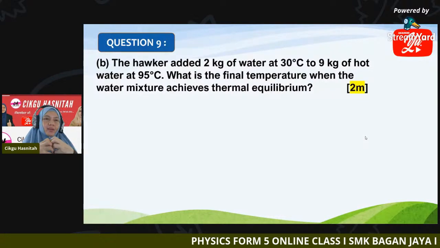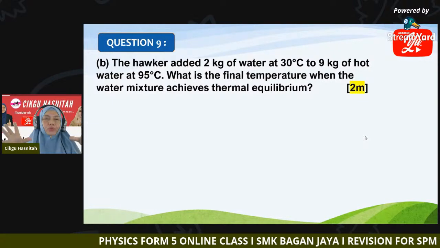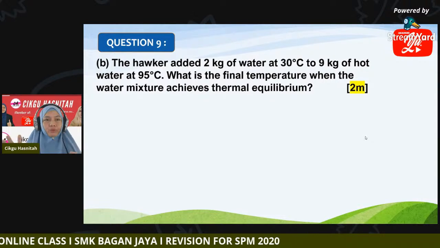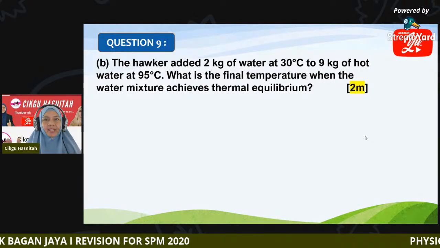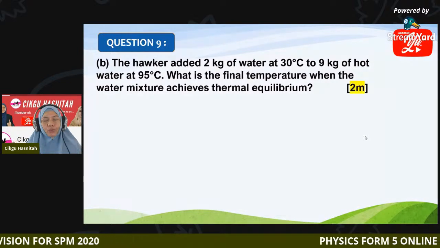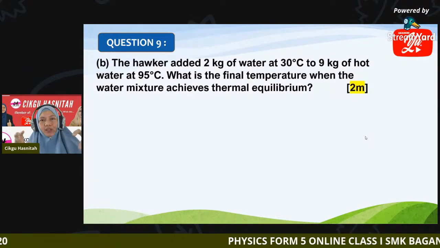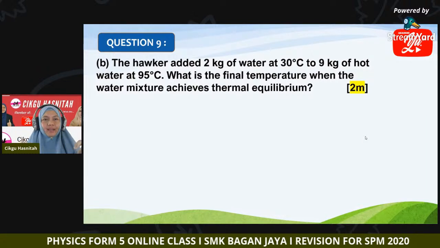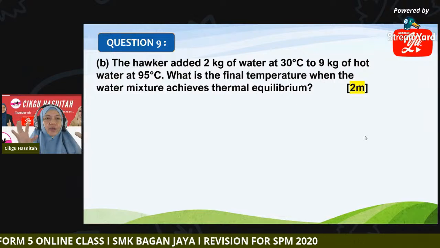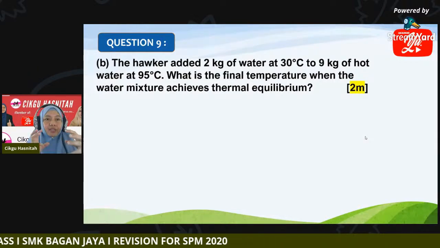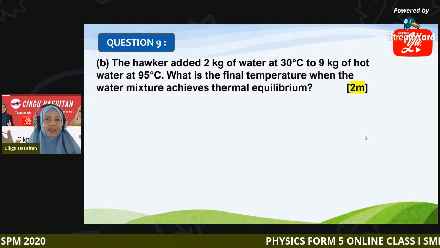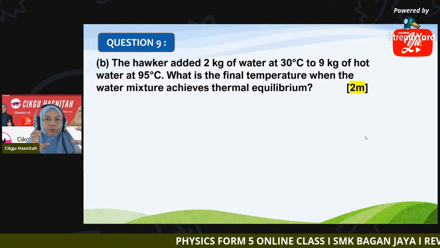Okay, so now there are two different temperatures of water. Thermal contact occurs between these two waters, the water at 30 degrees Celsius and the water at 95 degrees Celsius.